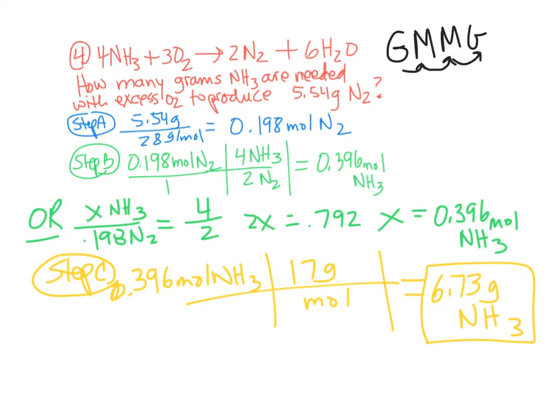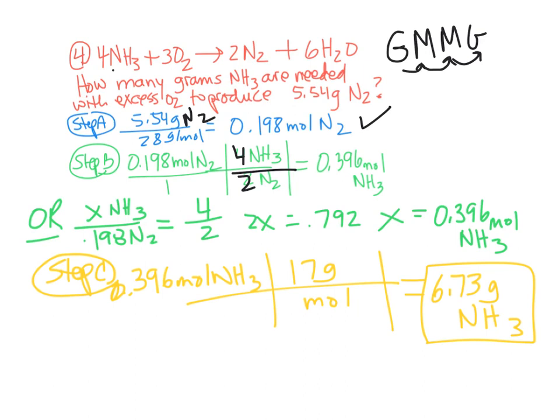So how many grams of NH3 are needed to react with excess O2 to produce 5.54 grams of N2? The first thing I do is change 5.54 grams of N2 to moles of N2, and the molar mass of N2 is 28. Then I take those moles of N2 and compare them using the mole ratio from the balanced equation to moles of NH3.